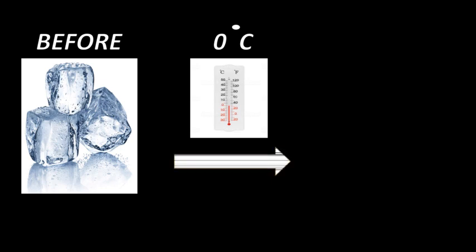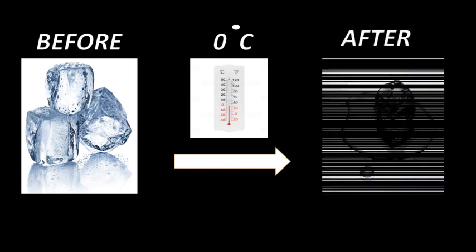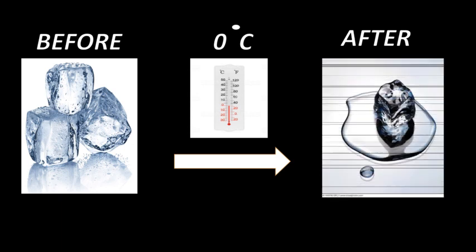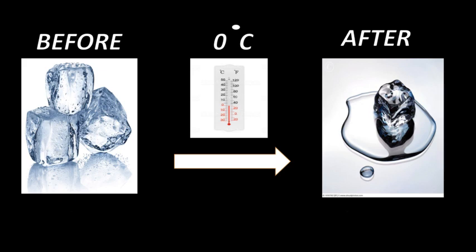At 0 degrees Celsius, ice will start to melt and it becomes liquid. This process is what we call melting. Melting happens because of the presence of temperature.